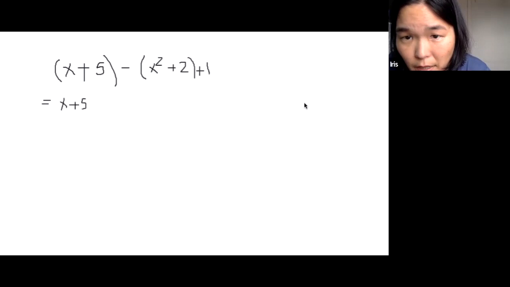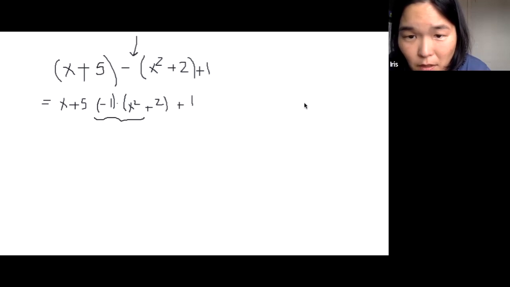And then here, what I'm saying is this is like a -1 multiplying the whole parenthesis, x squared plus 2. And then this little +1 at the end, right? So this one becomes minus x squared.